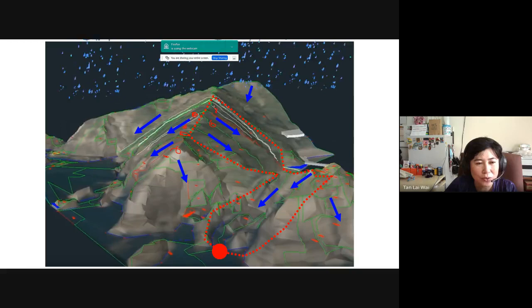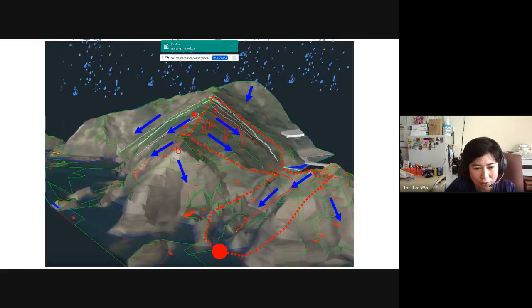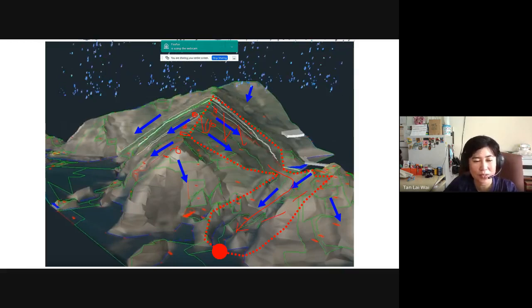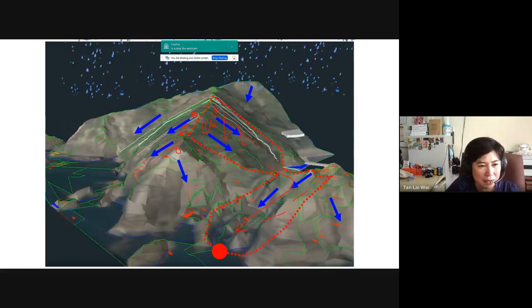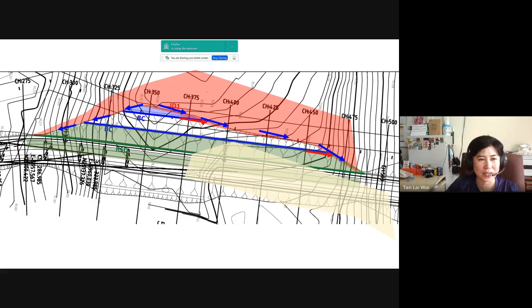Only when rain falls on this part here will it come out from here. So that is how you determine the boundary. Let's look at this one here. How do I determine the boundary here? I use a different color.